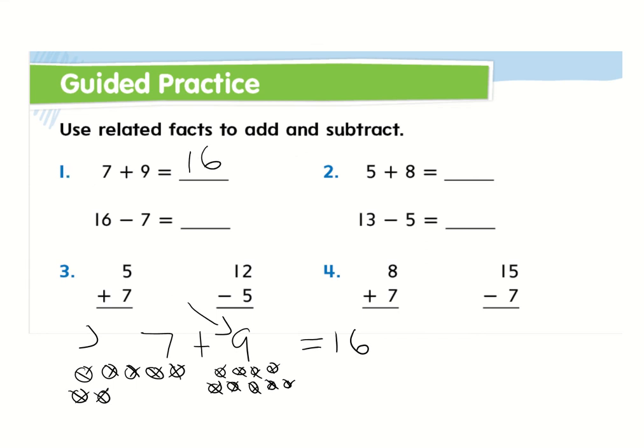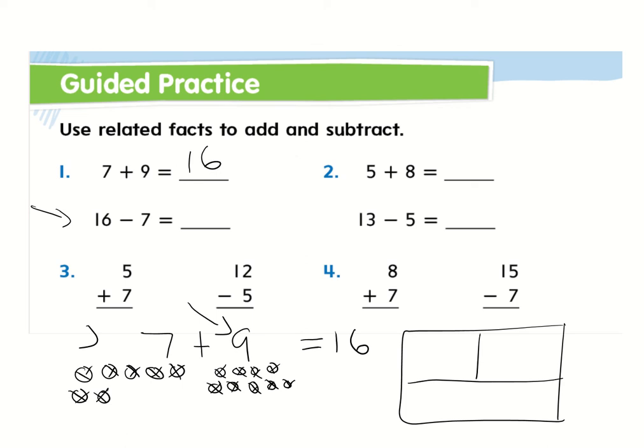Now let's take a look down here at the bottom. Remember, when we do a related fact, we have to use the same 3 numbers. So let's take a look right here. 16 minus 7. All right, I have to think about this for a second. If I have my part whole map down here at the bottom, I know that 7 plus 9 equals 16.